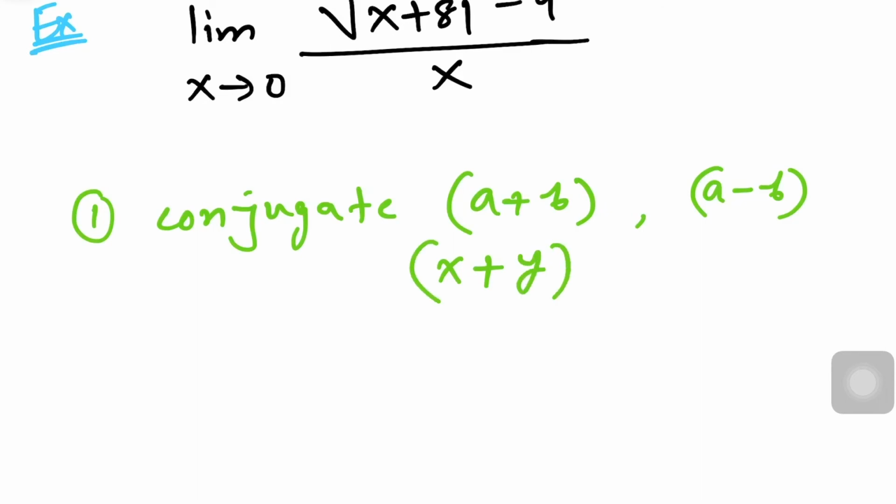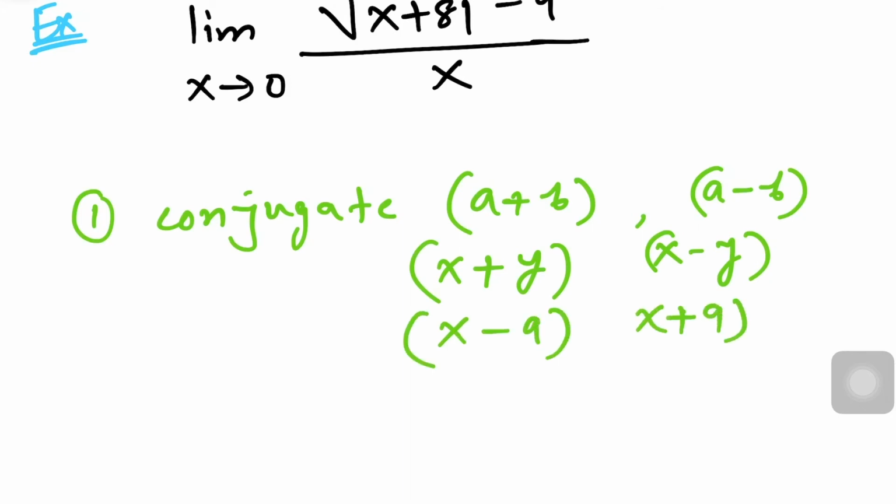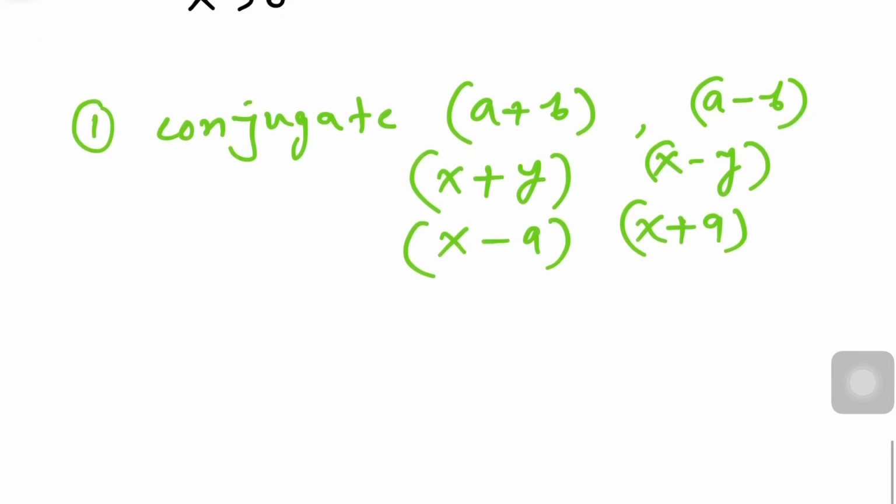So let's say if I have x plus y, the conjugate will be x minus y. If you have, let's say, x minus 9, the conjugate will be x plus 9, okay? So you just change the sign, all right?